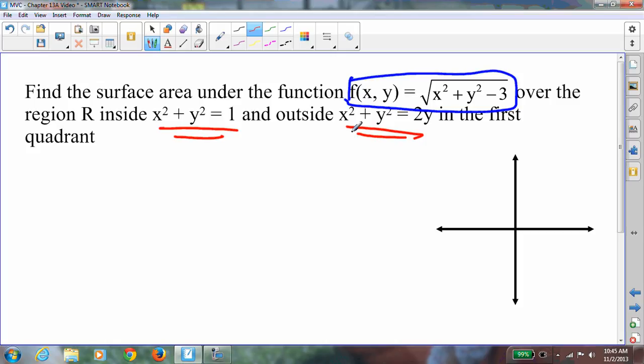So first let's graph it. x squared plus y squared equals 1 is my unit circle. I'm going to make this a little bit easier again, sorry. And I'm going to actually change this to an x, so we have a little bit of variety. And I'm going to make this inside x squared plus y squared equals 2x.